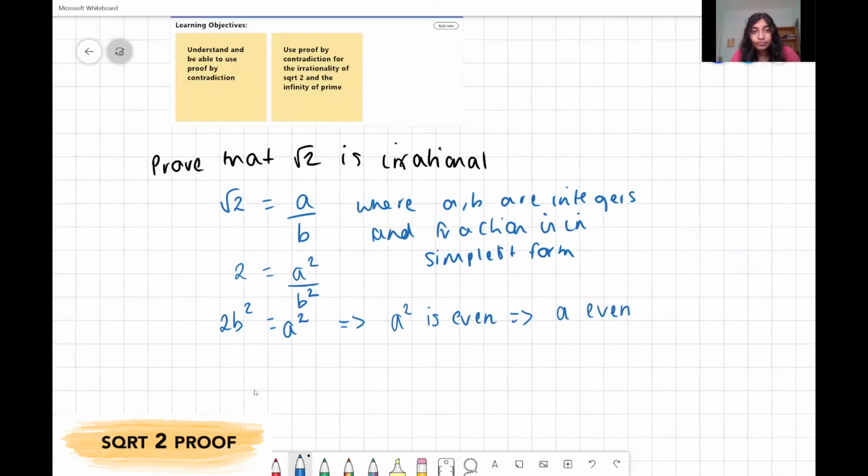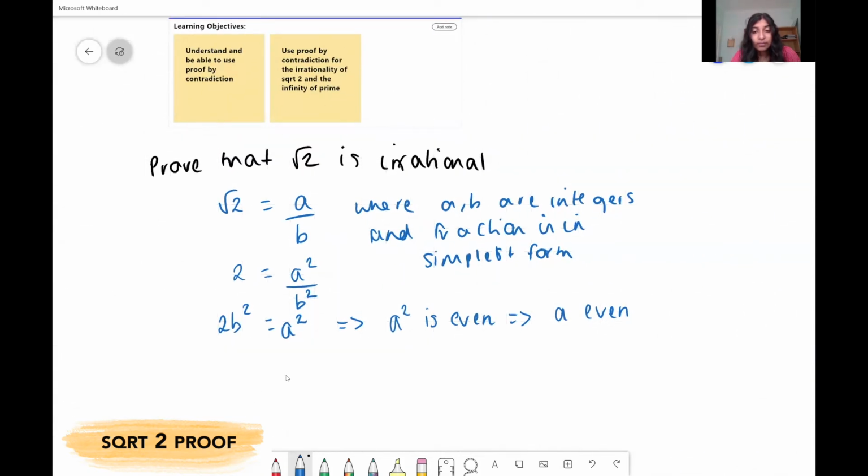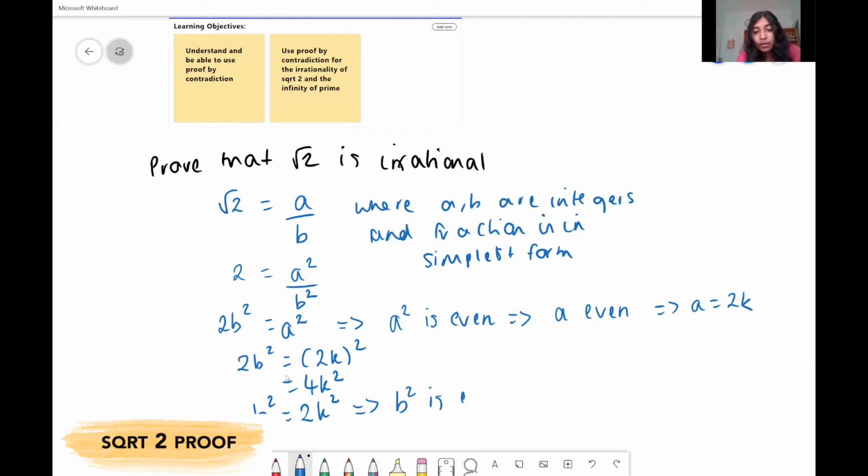So then we can say that a could be 2k. So then we could write that 2b squared is equal to (2k) squared, which is just equal to 4k squared. So that means that b squared is therefore equal to 2k squared. And using what we said before, this means that b squared is even, which implies that b is also even.